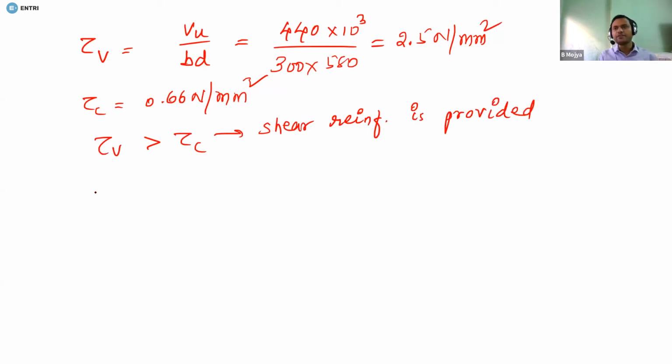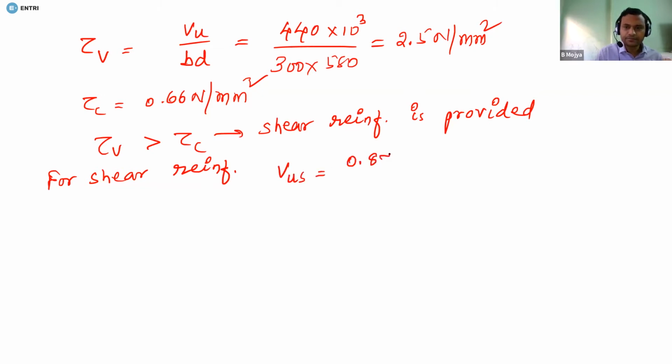So to provide shear reinforcement, let us try to write the relation. For shear reinforcement, we have a formula. Whenever you are going to provide shear reinforcement in a design, you need to determine the spacing between the stirrups. So the formula is VUS equal to 0.87 fy ASV d divided by SV.